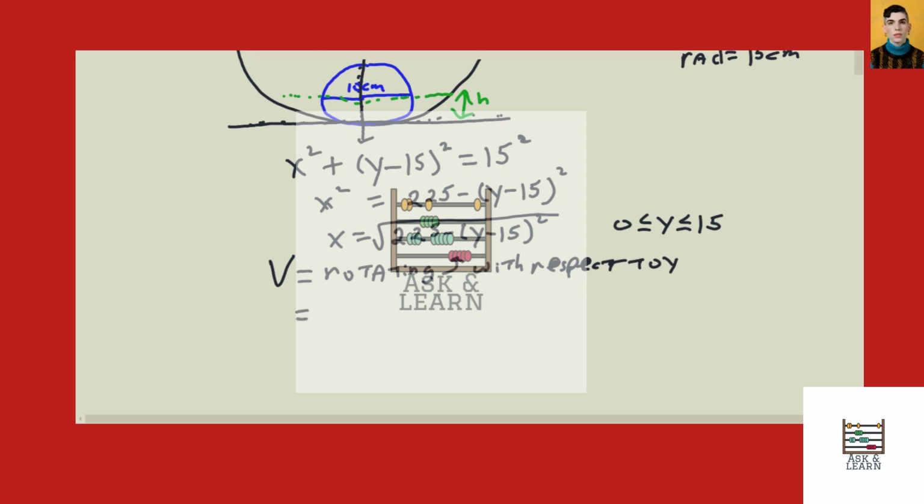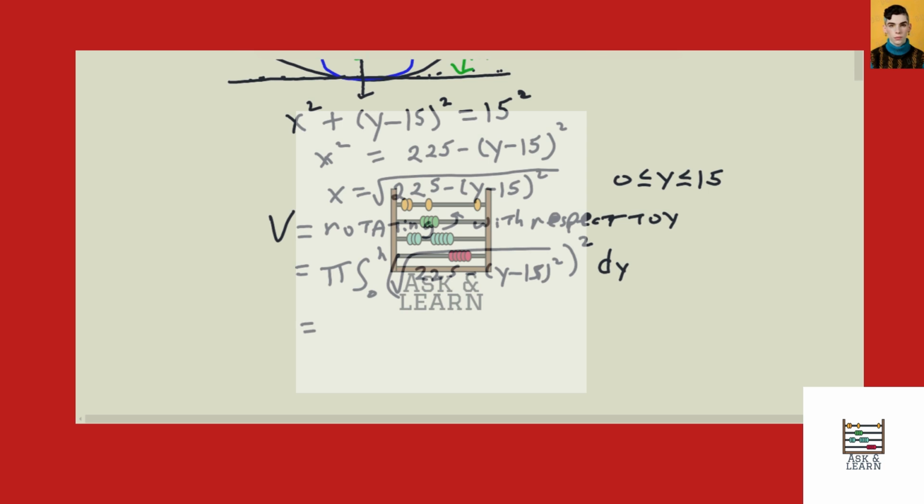So that means I end up with pi times the integral from 0 to h of the square root of 225 minus (y minus 15) squared, and you square this, pi r squared dy.